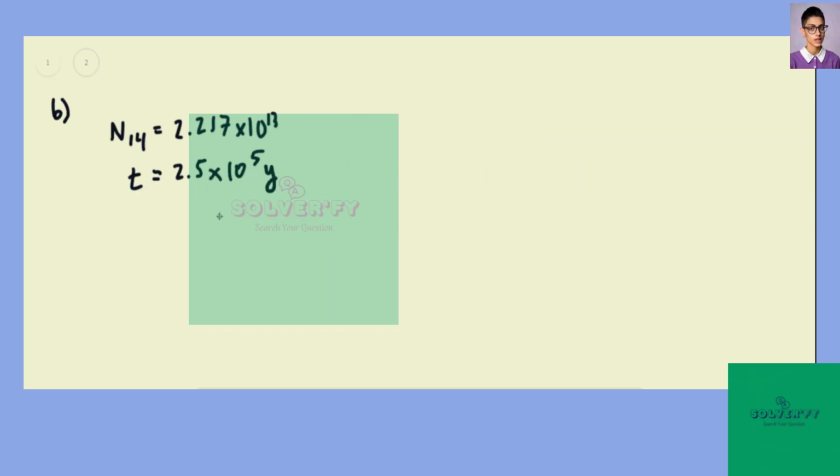And now the problem also asks us, what does this tell you about the limits of carbon dating? Basically what this tells us is that times that are on the order of 100,000 years are not accurately measured with carbon dating.